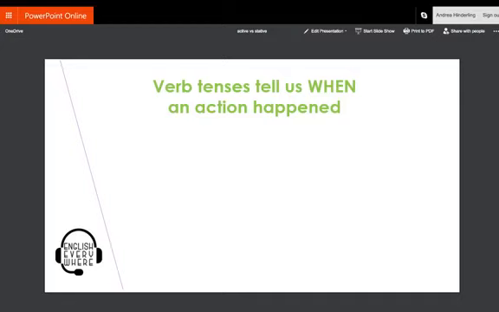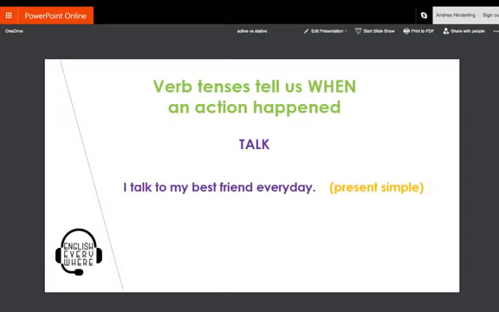So verbs do two things in English. They tell us what the action is and when the action happened. For example, we'll use the verb talk. Okay? Talk. So if we have a sentence like, I talk to my best friend every day, we know that this is the present simple. And we know that it's the present simple, number one, because of the verb talk, and also because of the word every day.